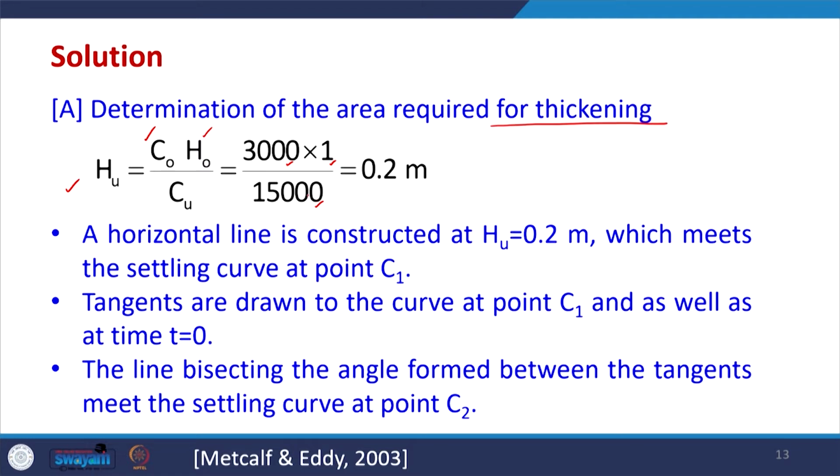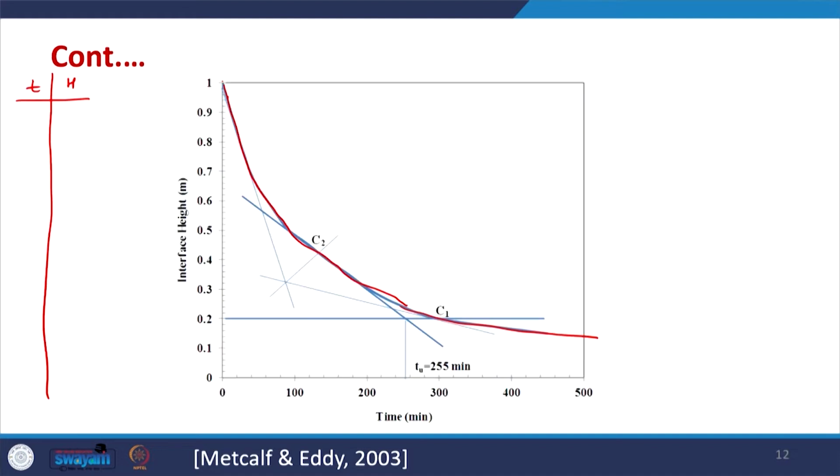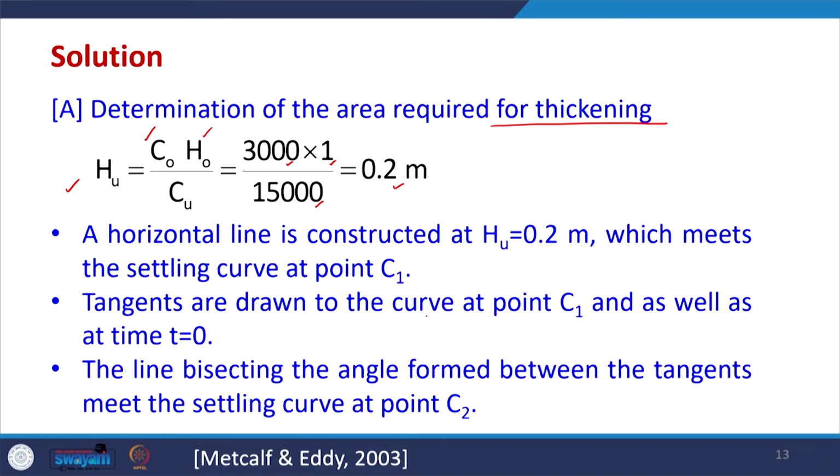If we solve it, we will find 0.2 meter is the ultimate height, where all the solids will remain below that. So, a horizontal line is constructed at Hu equal to 0.2, which meets the settling curve at point C1. This is step 1.